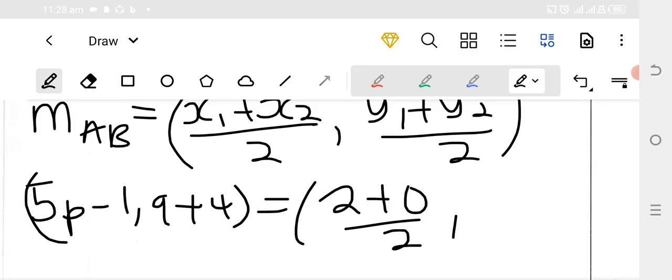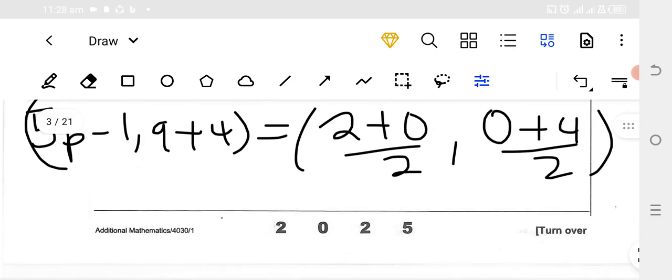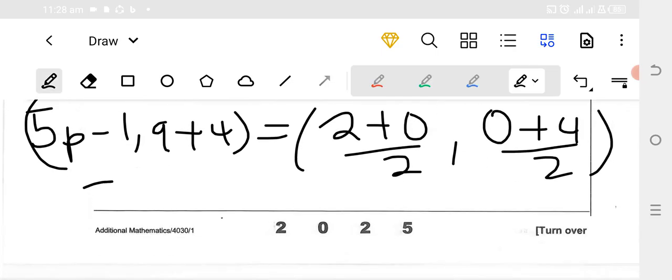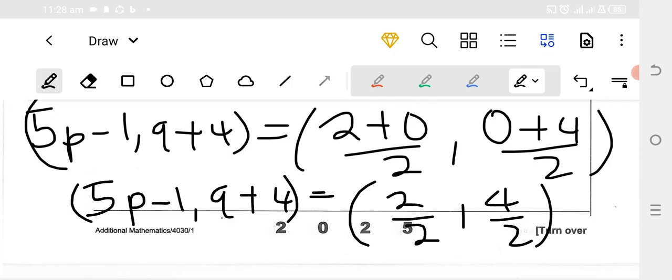Then the y coordinate from A as my y1 is 0, and the y coordinate from B as my y2 is 4. We can continue. So it will be (5P minus 1, Q plus 4) is equal to (2 divided by 2, 4 divided by 2).